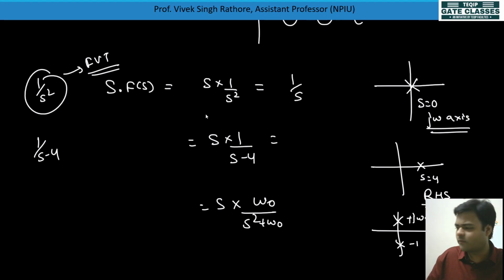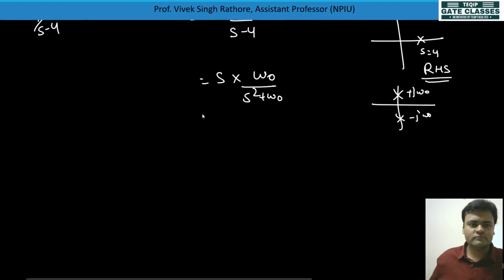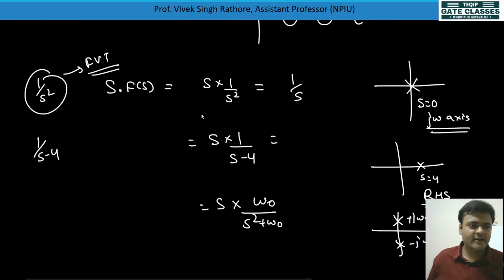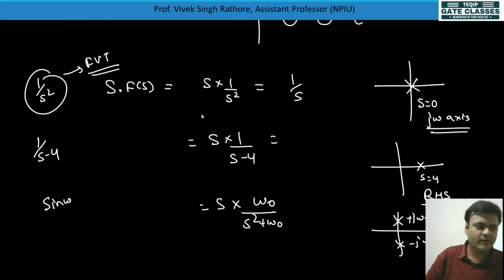So ultimately for these three values, including sine omega naught t, you are not able to calculate the final value.